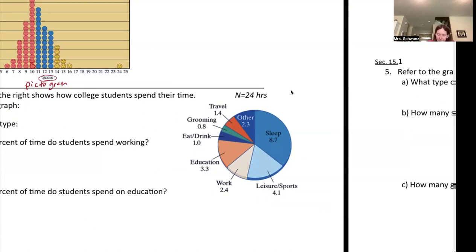This is called a pie wedge, and this is called a central angle.